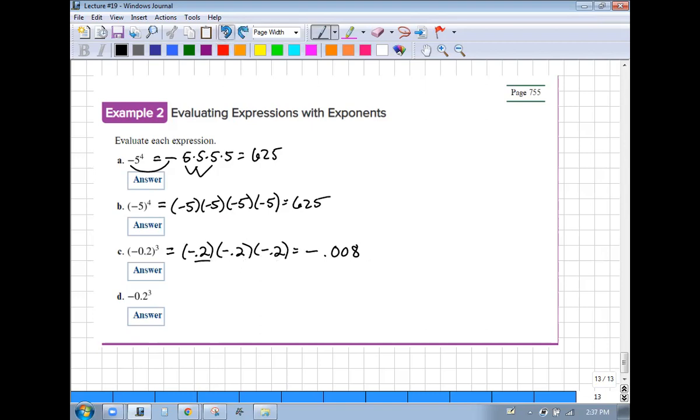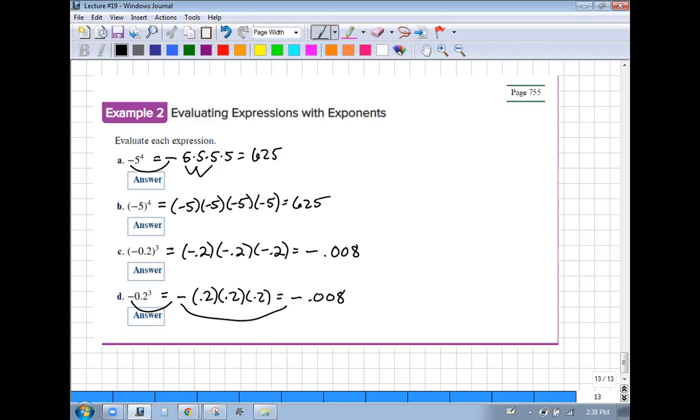So each one of those decimals there moves the decimal to the left once. This one, we have a minus. Then we have 0.2 times 0.2 times a 0.2. All right, so we keep our minus, and then the 0.2 times itself 3 times is 0.008. Okay. So these happen to be the same.